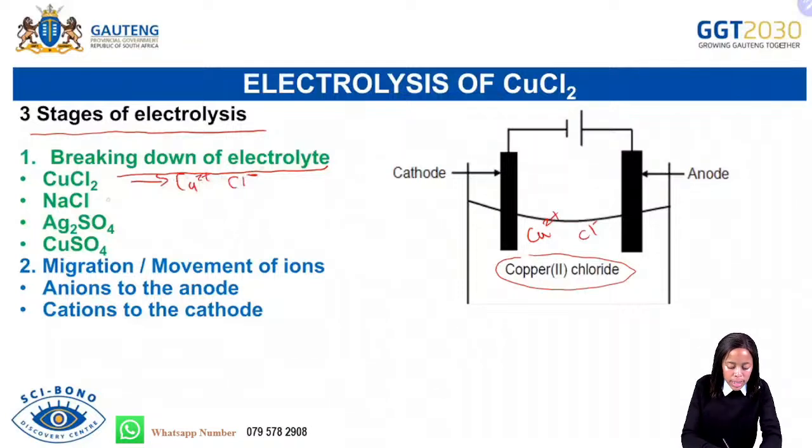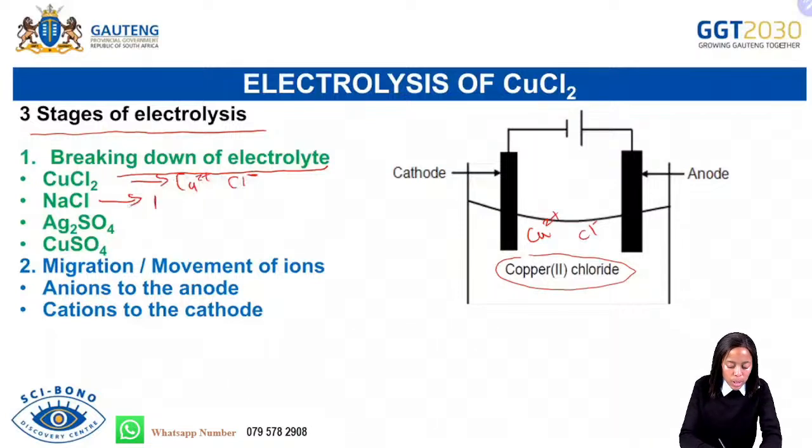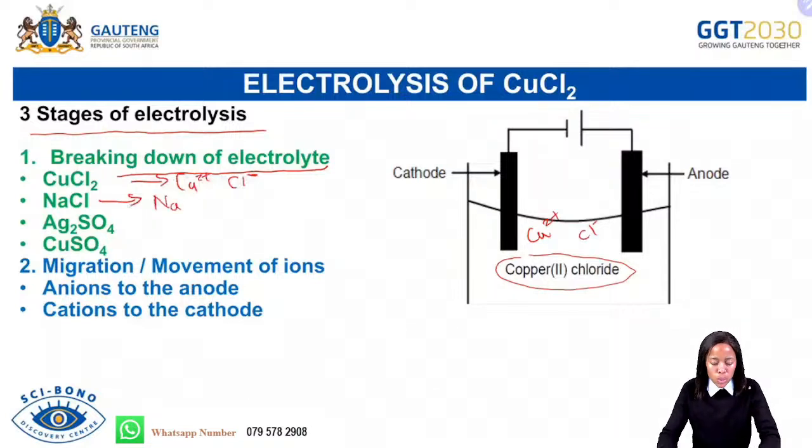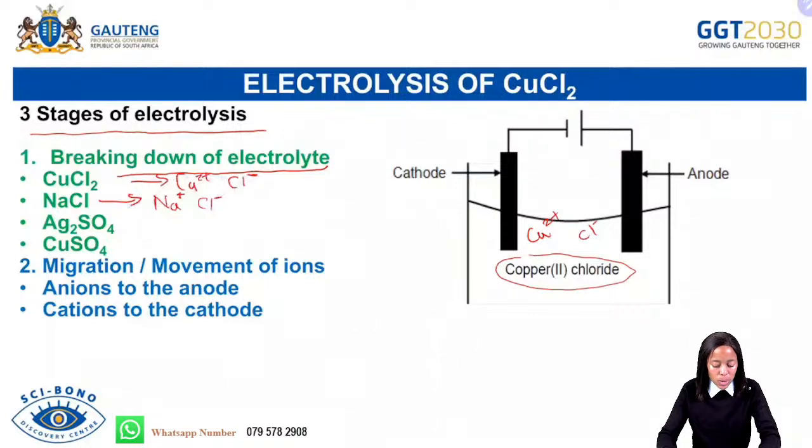Then, as another example, if we are given sodium chloride as the electrolyte, you need to know how to break it down. Sodium is in group 1 of the periodic table, so it has a charge of +1, and chlorine is in group 7, so it has a charge of -1.